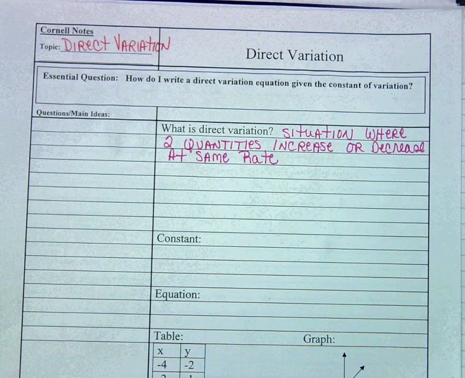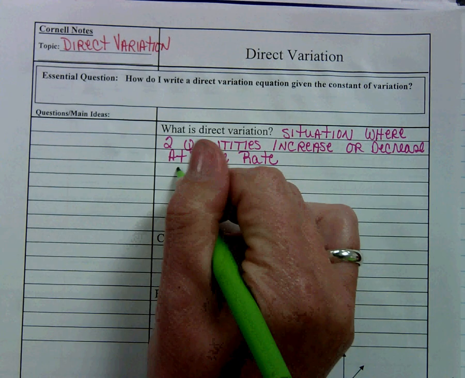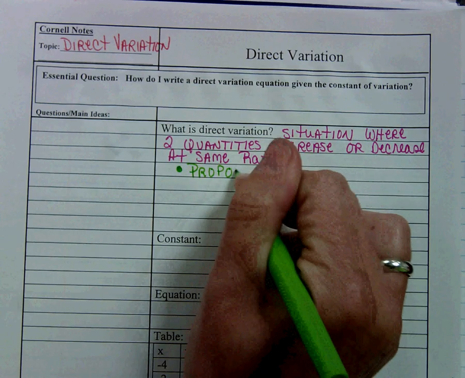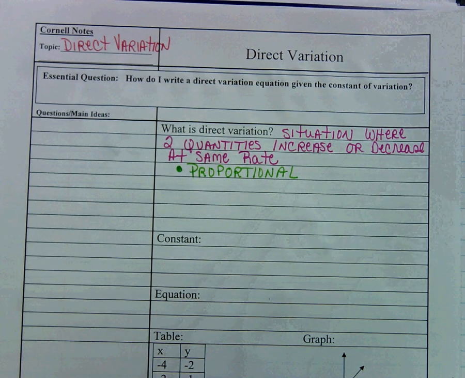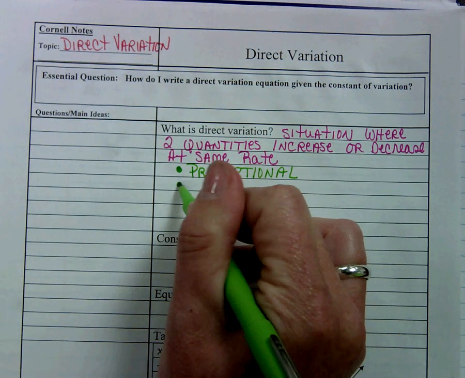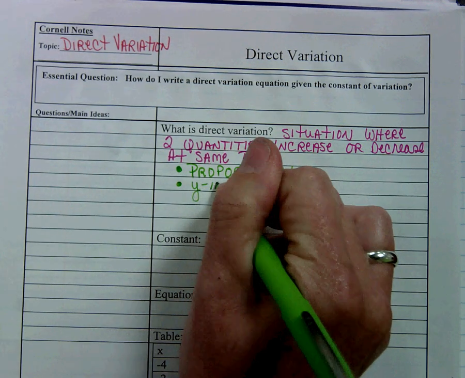Some important things to know about direct variation: direct variation is also considered proportional. So you may be a little bit familiar with proportionality, so that's going to help. We should know that when things are proportional, that means that their y-intercept is 0.